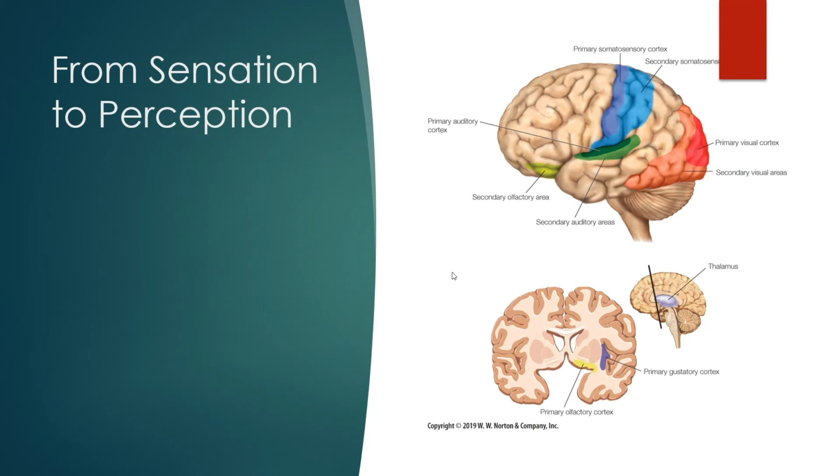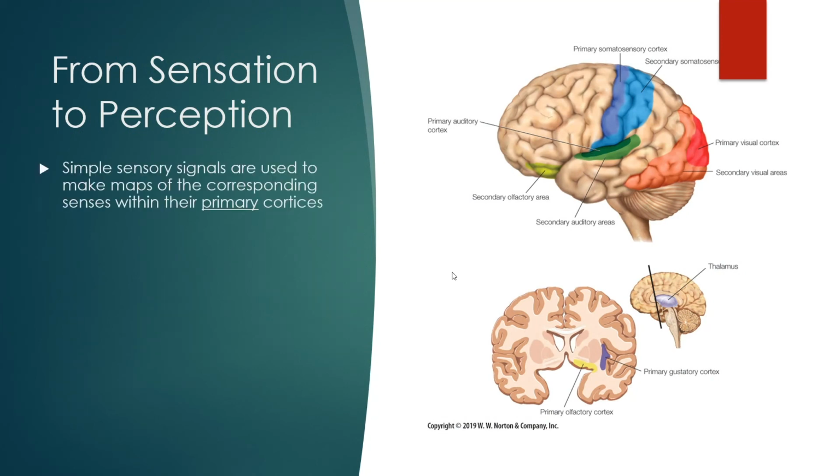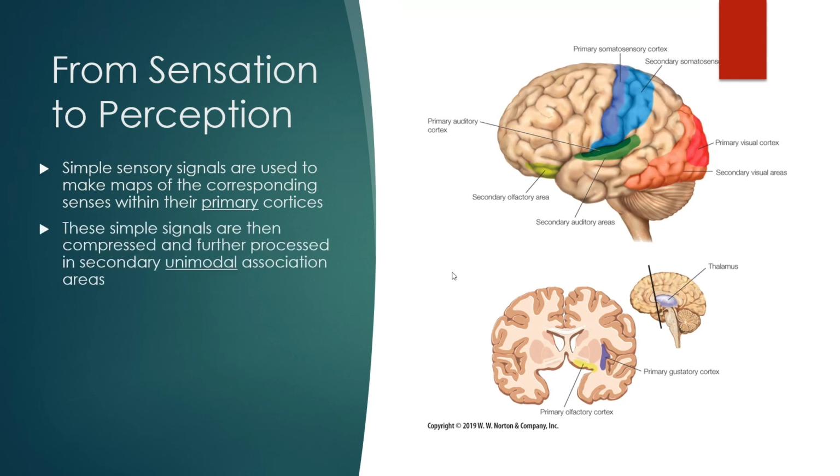So this is, again, what I keep hitting on, this idea of how the information is flowing. Now that we've gotten to the end of sensation, we've seen that all of these different senses have these primary cortices where the initial processing is happening. So you have auditory, you have visual, somatosensory.